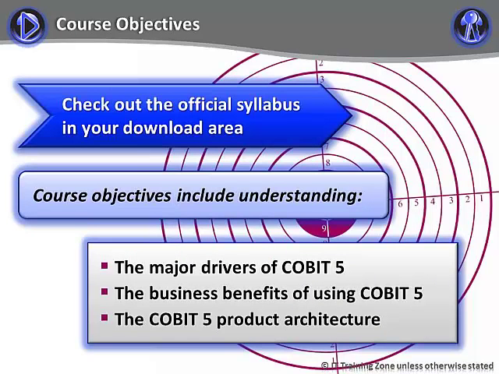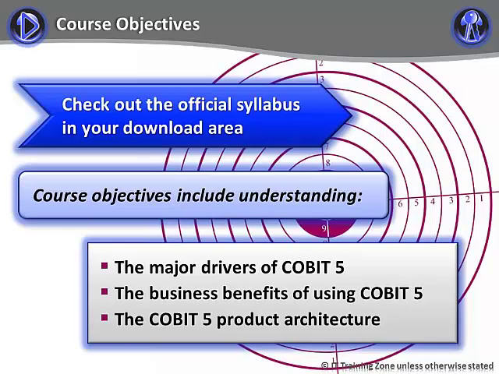You'll find a copy of the official course syllabus in your download area. You should download this and read it. It gives you a clear picture of what the course covers and what you should expect to get out of it. The high-level learning outcomes include knowledge and understanding of the major drivers of COBIT 5. COBIT 5 is a response to developments in the commercial, technical, and regulatory environments.